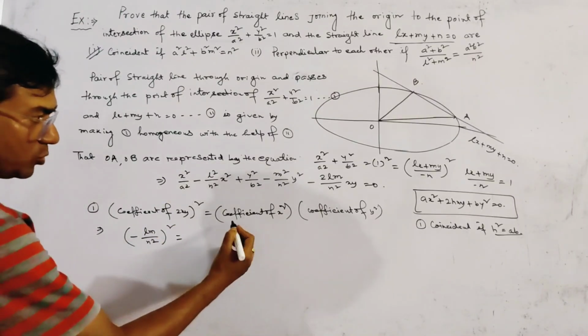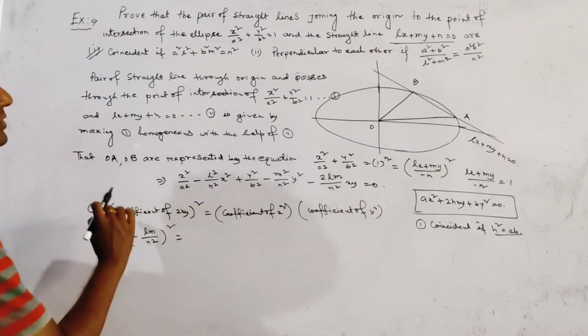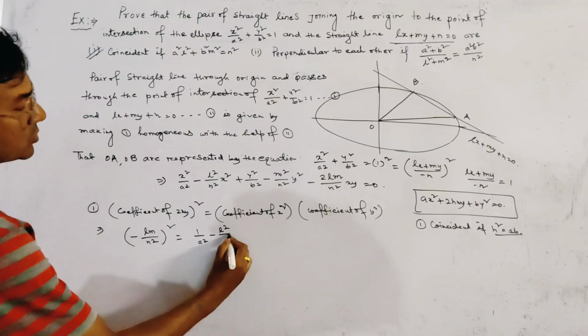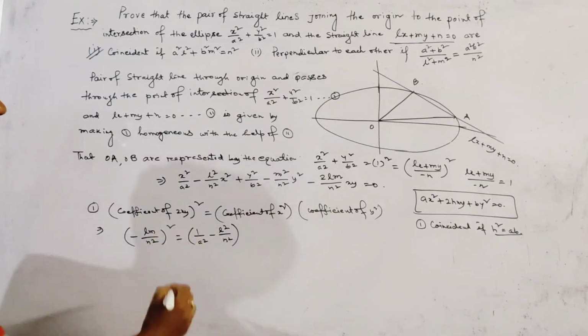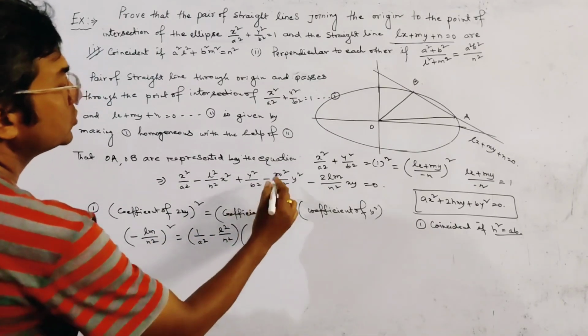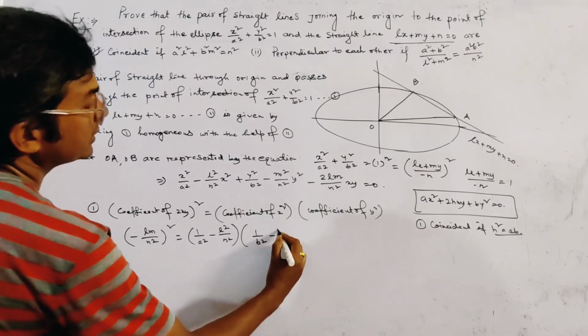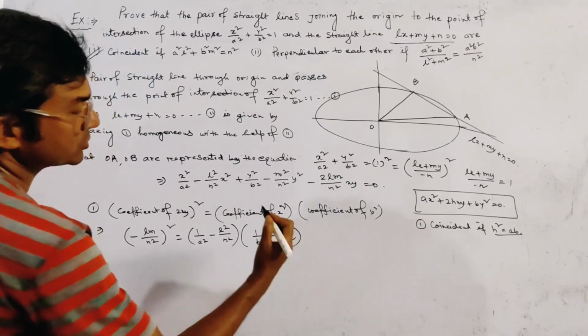And the right side is the coefficient of x square, which is clearly 1 by a square minus l square by n square, into the coefficient of y square, which is 1 by b square minus m square by n square.